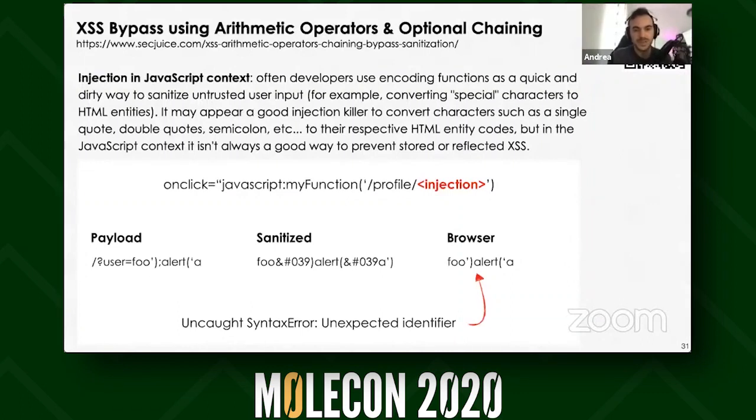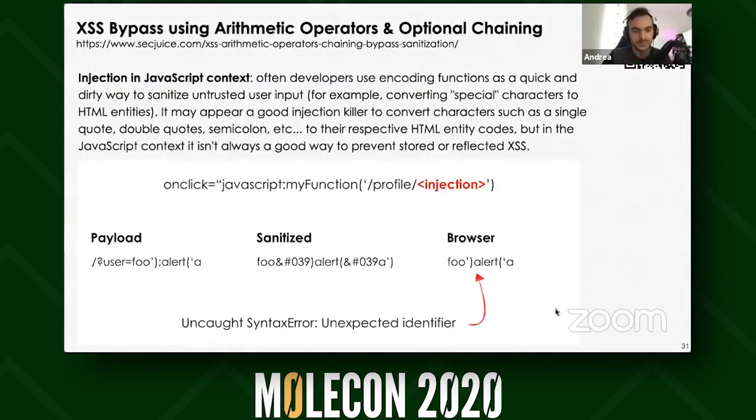And it may appear a good injection killer to convert characters such as single quote, double quote, semicolon, etc., to their respective HTML entity codes. But in the JavaScript context, it isn't always a good way to prevent stored or reflected cross-site scripting.